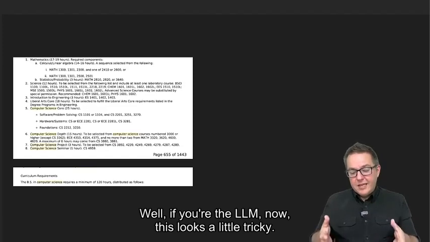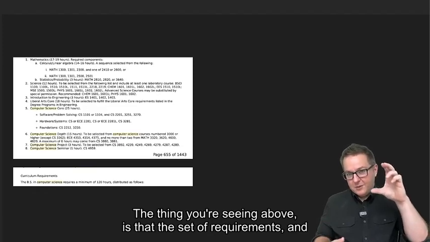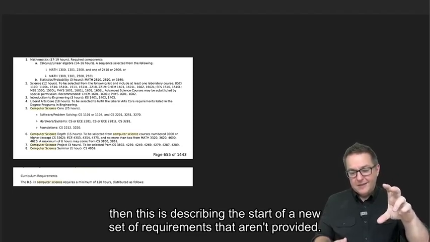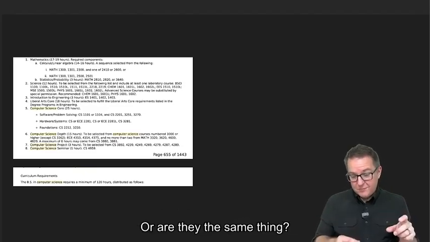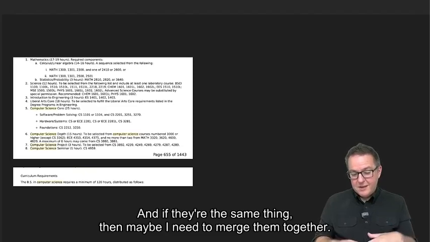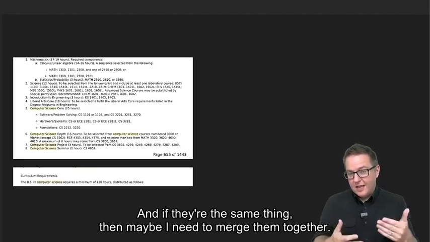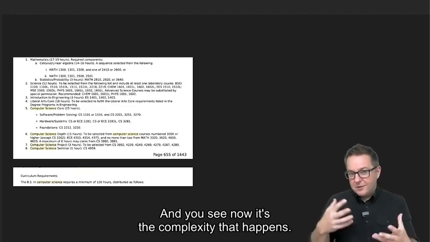If you're the LLM, now this looks a little tricky. Is what you see above the set of requirements, and this is describing the start of a new set of requirements that aren't provided? Or are they the same thing? And if they're the same thing, then maybe I need to merge them together. You see the complexity that happens.